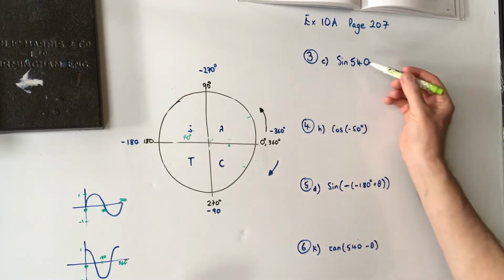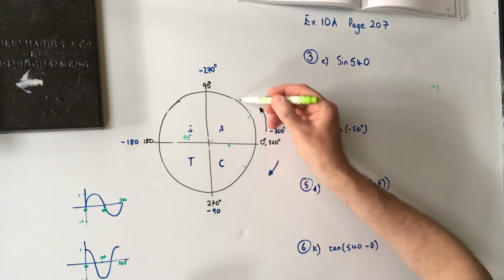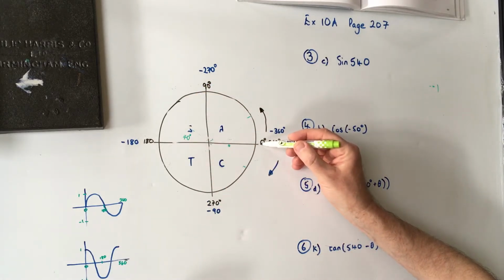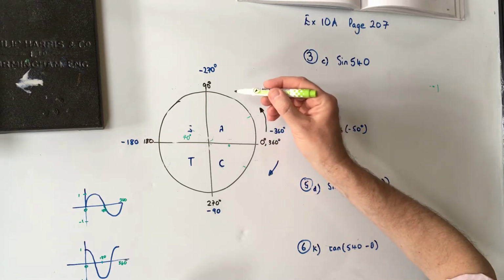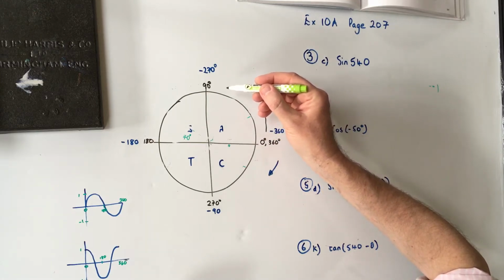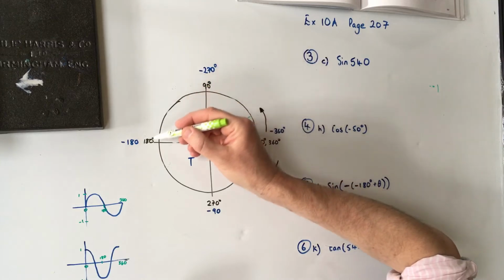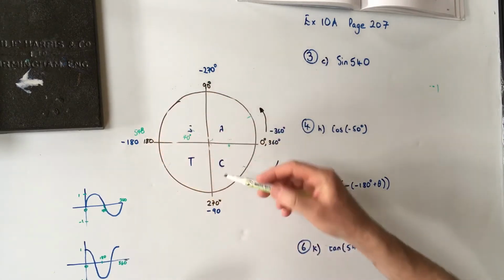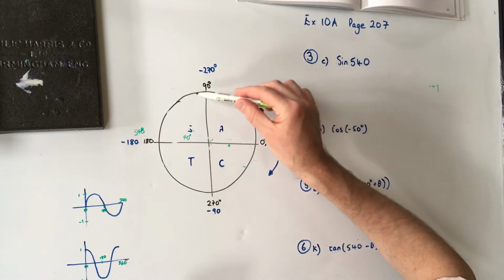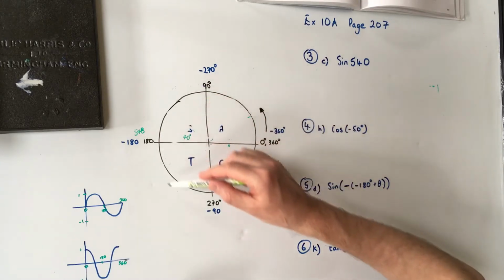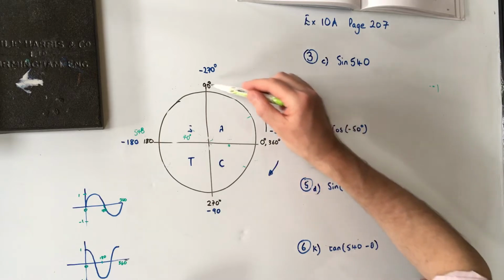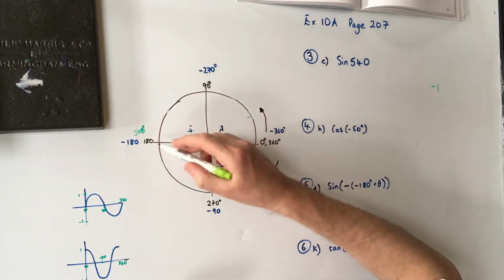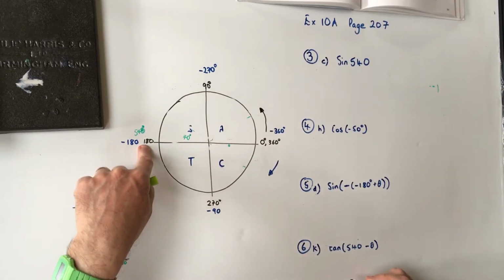So if we go 540 degrees, we go 360 there, to there, plus another 180 would give us 540. So 540 degrees is going round there once, and then round to 180. So it's the same as 180.